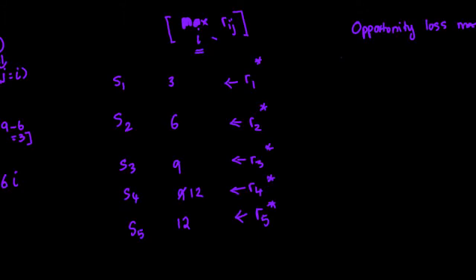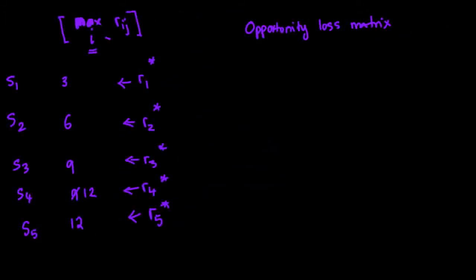Now that we have the rewards, we have to find the opportunity loss matrix. If you recall, the opportunity loss matrix Rij star is given by Rj star minus Rij.